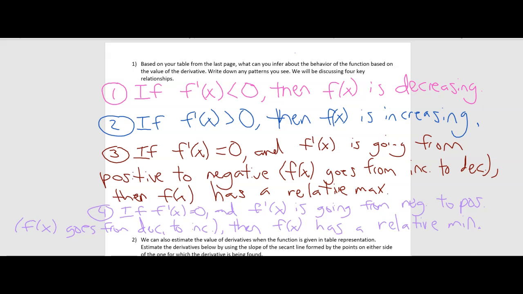Number 3 and 4 deal with the relative min and the relative max scenarios. So if f prime of x, if the derivative is equal to 0, and f prime is going from positive to negative, now, if f prime is going from positive to negative, f of x goes from increasing to decreasing, right? Which means we're doing something like this with our graph. Then we're going to have a relative max.